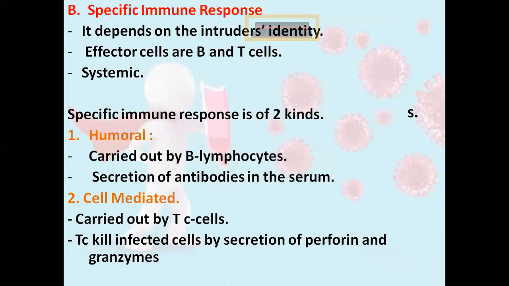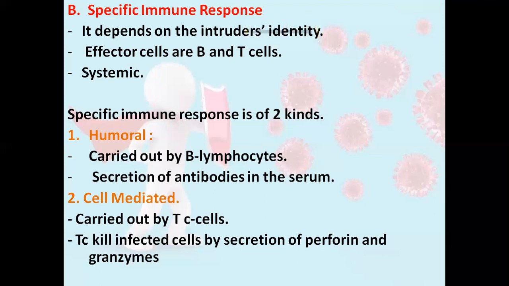However, the specific immune response is the second type. It depends on the identity of the intruder. The effector cells in the specific immune response are the B cells and the T cells. While the specific immune response is systemic, meaning that it occurs all over the systems of the body. You have to know that the specific immune response is composed of two different kinds. The first kind is called humoral, and the second one is called cell-mediated.